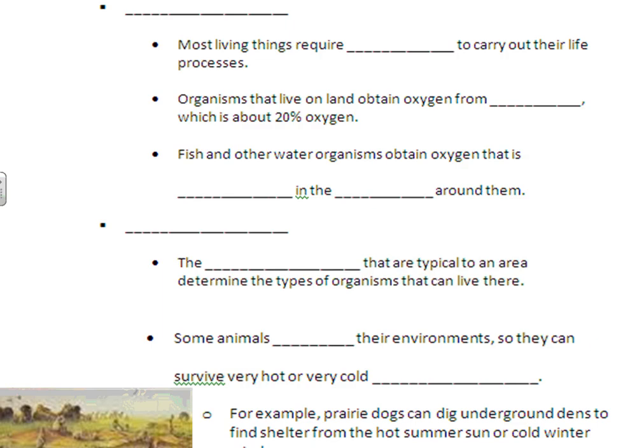Okay, the next abiotic factor is oxygen. And most living things require oxygen to carry out their life processes as well. So organisms that live on land obtain oxygen from air, and the air is 20% oxygen. So you might think that you're just breathing pure oxygen, but you're not, okay?